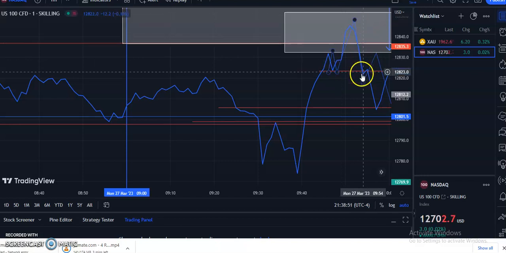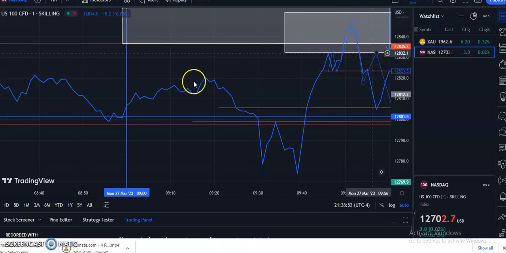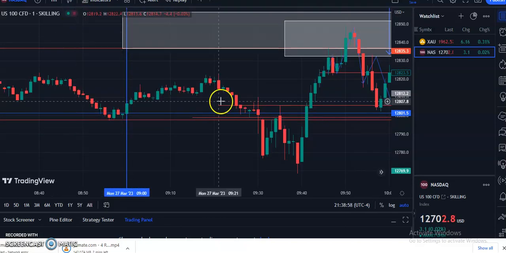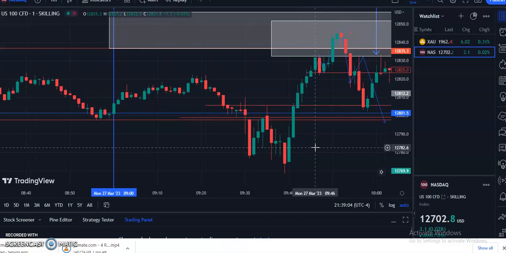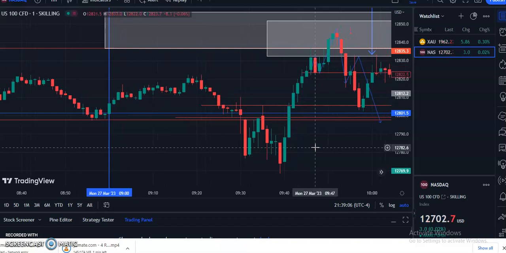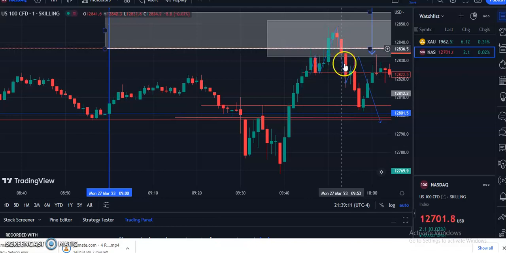They break structure, they retest and continue. Now, during the retesting, we are waiting for an engulfment. So, this was the break of structure, retested, gave us this engulfment at 9:56. So, this was the entry.